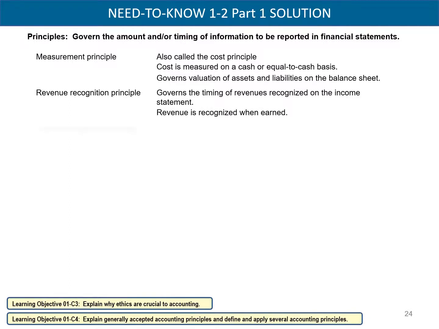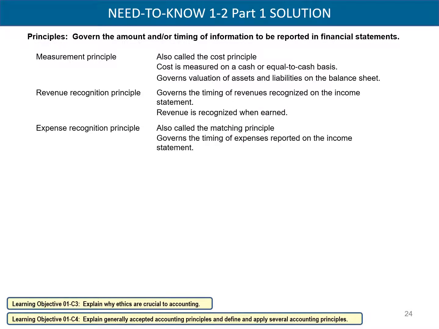Or earned, rather. The third is the expense recognition principle, which is also called the matching principle, and it governs the timing of expenses that are reported on your income statement. So basically, the expenses that you incur in order to generate whatever products or revenue you're selling need to be reported in the same period as the revenue that they help generate.